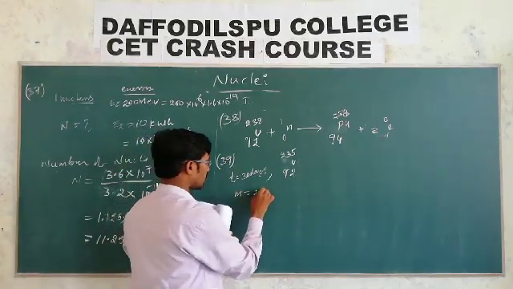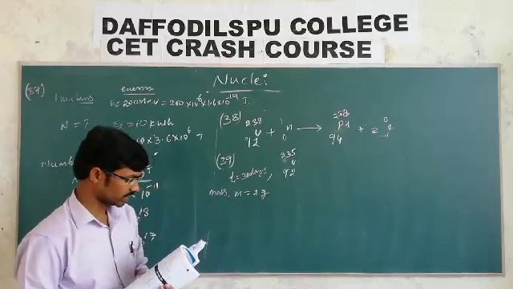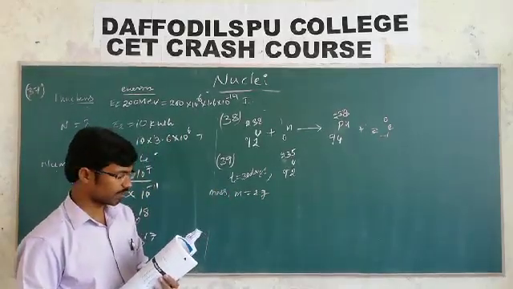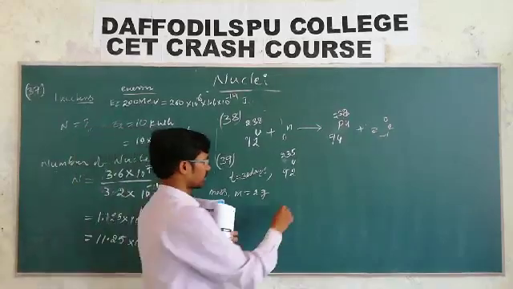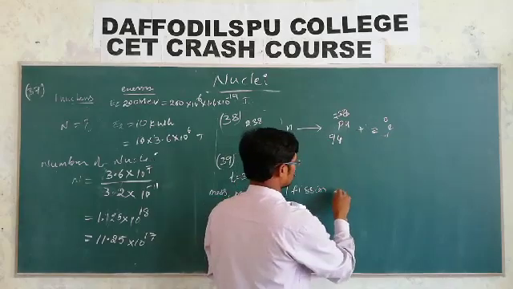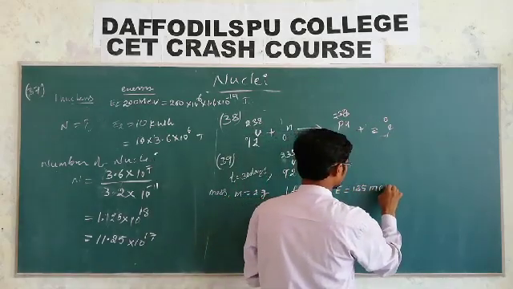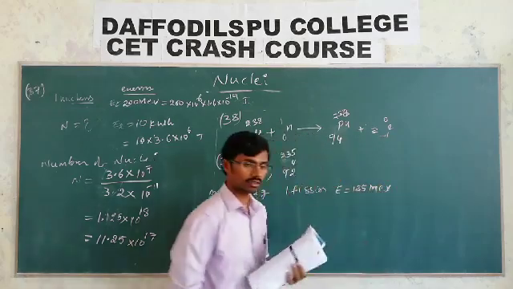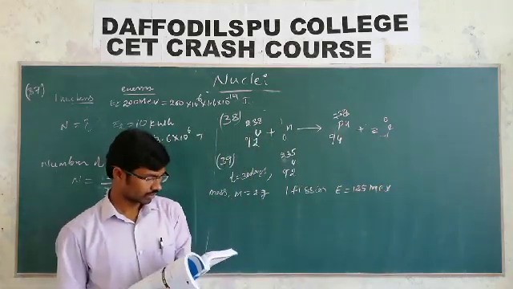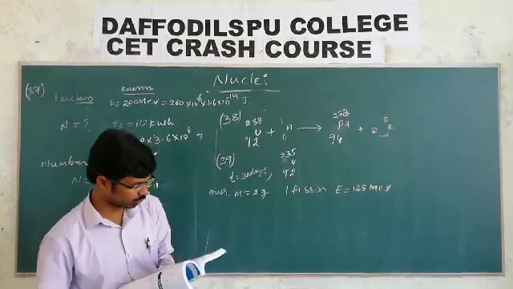Mass of fuel is 2 gram. And if each fission gives 185 MeV for one fission, what is the energy release? 185 MeV, million electron volts. So you need to find here what the power output is.